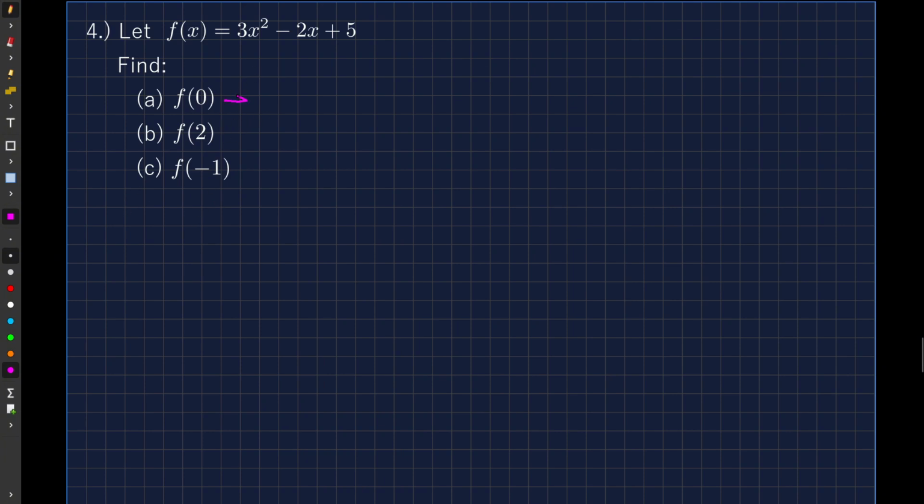So f of 0 will simply equal 3 times 0 squared minus 2 times 0 plus 5. Since anything multiplied by 0 is also 0, that simplifies things for us. So these two terms will go to 0, and the final answer will be 5.